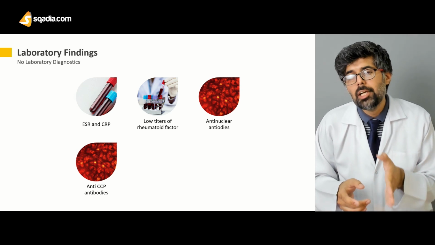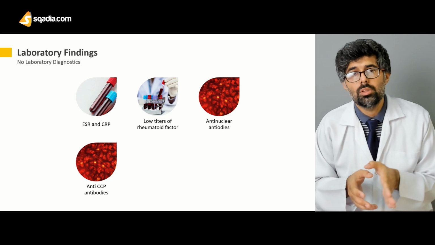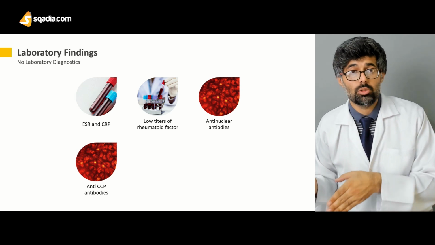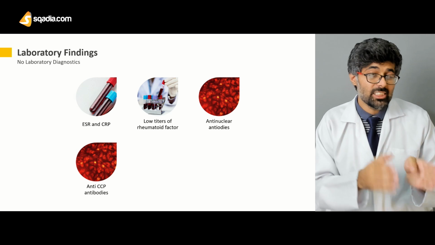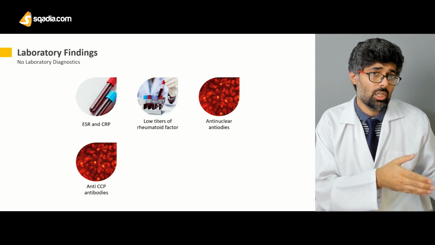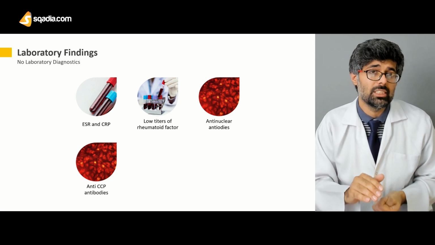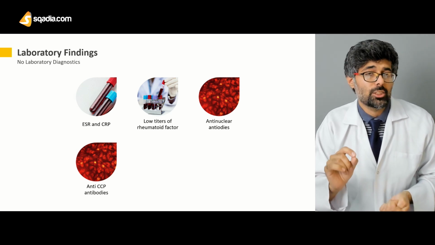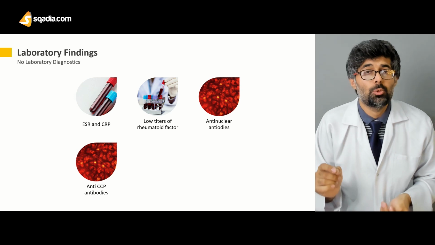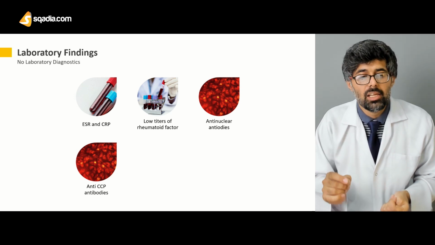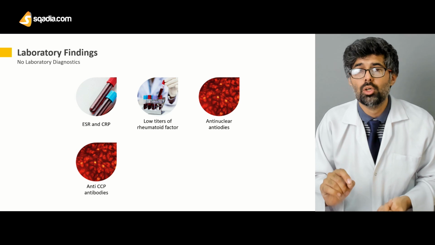Again, these antibodies are mostly found in patients with rheumatoid arthritis or seropositive arthritis. They are not found in seronegative spondyloarthritis. Only a small section of the psoriatic spondyloarthritis patients can have anti-CCP antibodies.